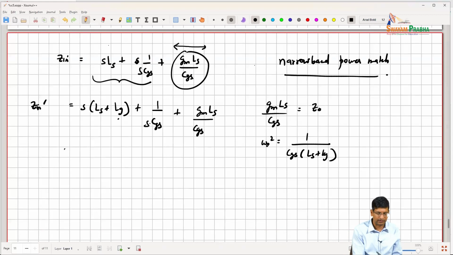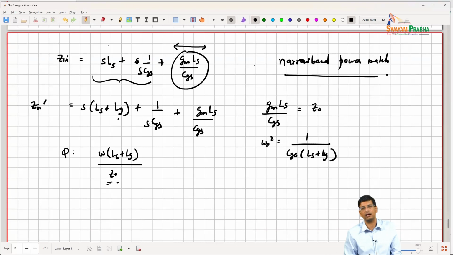Still, like I said, the Q that we can think of is of the order of omega times (LS plus LG) divided by Z naught. So it can still be reasonably wideband in the context of millimeter wave, in that the fractional bandwidth is still wide enough for your application.